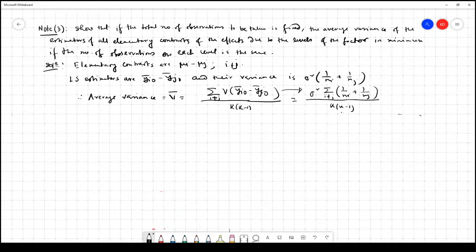Okay. Now since here i not equal to j, this means the sum is repeated k minus 1 times.